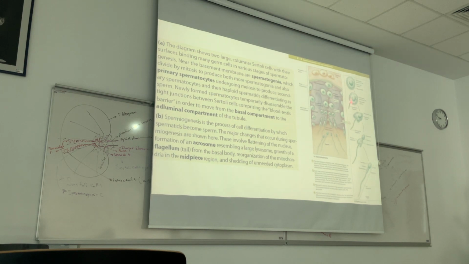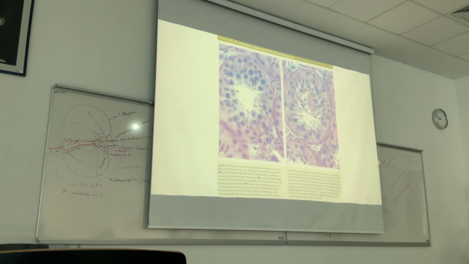And in this part you can see the growing of tail. And here again you can see the residual bodies detached from the cytoplasm of sperm, and in the end part you can see normal structure of sperm.